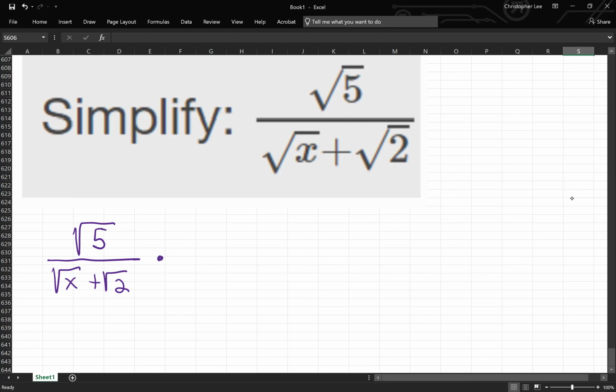So what do I have to multiply this by to get rid of the radicals in the denominator? What do we think? I want the opposite. So what's the opposite of this? Tell me what it is.